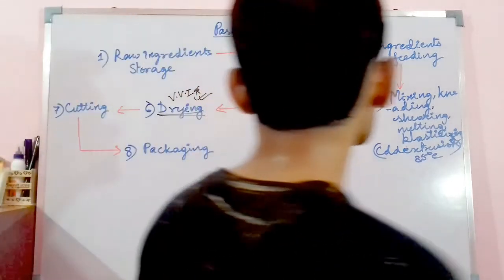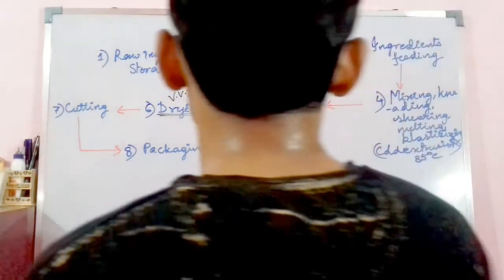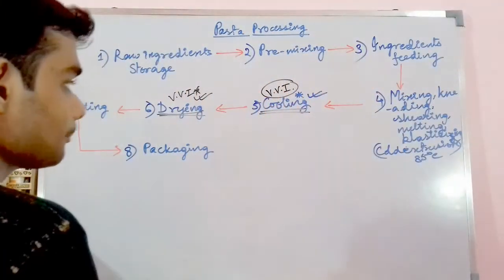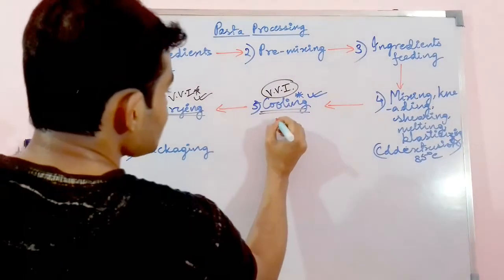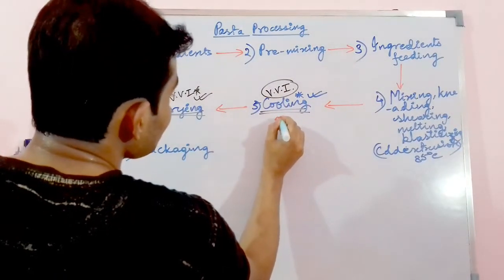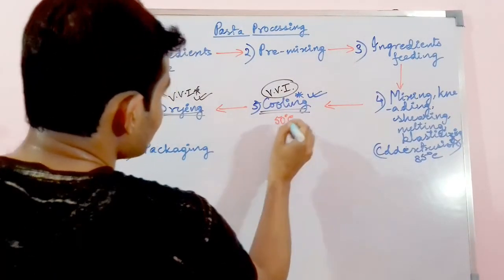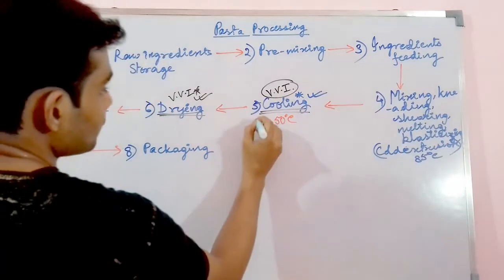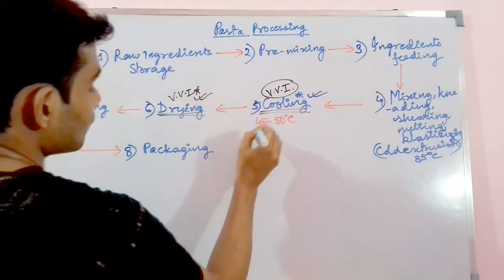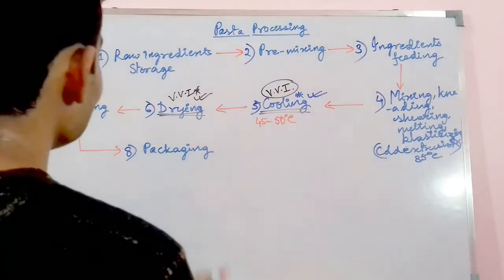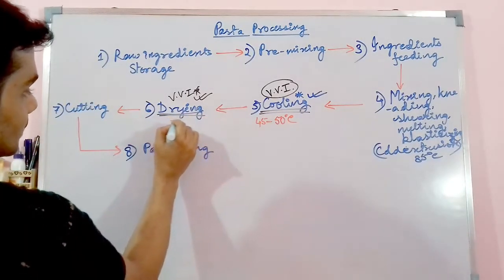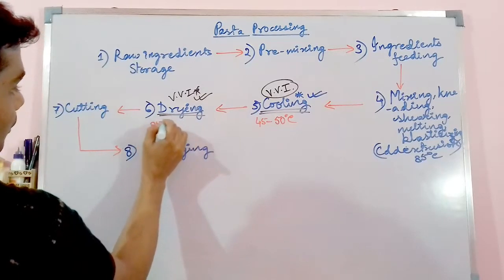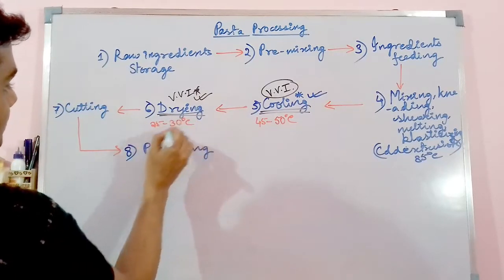Okay, I need to mention another thing here about the cooling. The cooling temperature is up to 50 degrees Celsius, 45 to 50. It is cooled, and when drying is being done, the temperature comes to ambient, that is about 25 to 30 degrees Celsius.